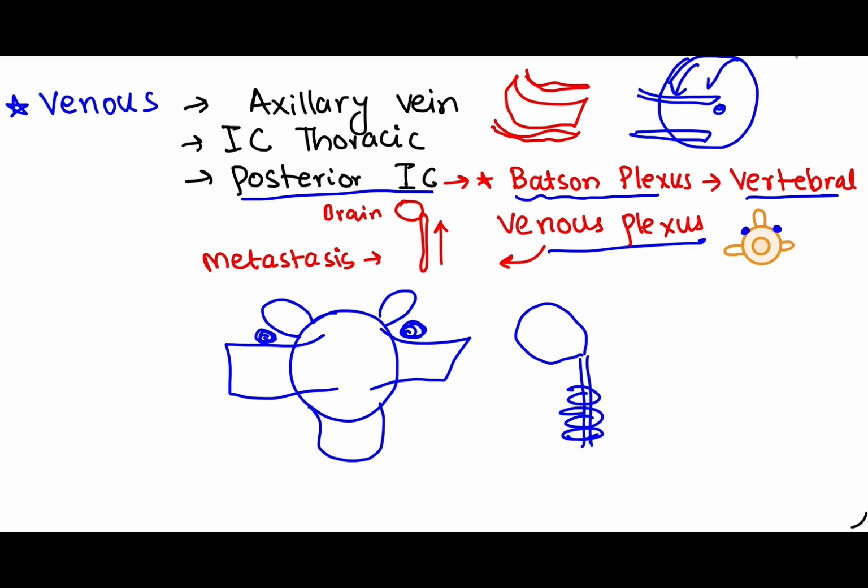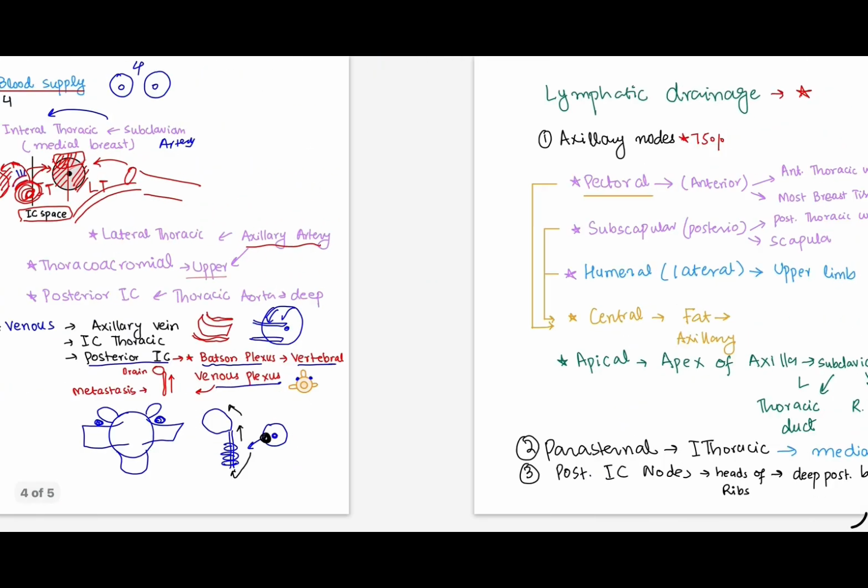If there is breast carcinoma, let's draw cancer in black, it is going to go into the plexus, and then from here through the vertebra to the brain. So you are spreading the carcinoma from the breast to the brain. That's how it happens.